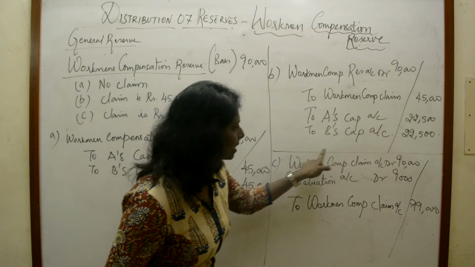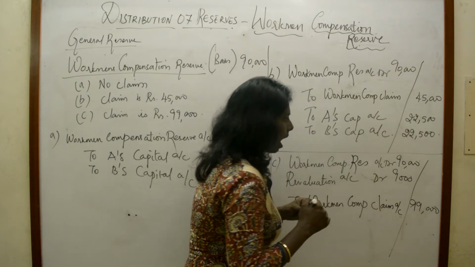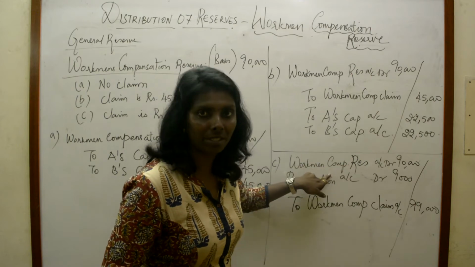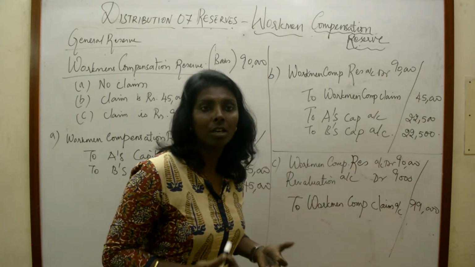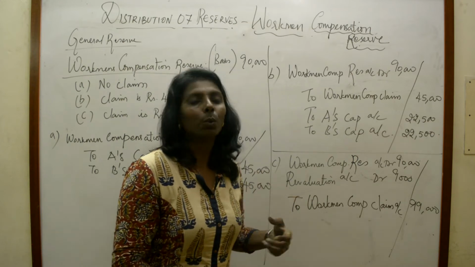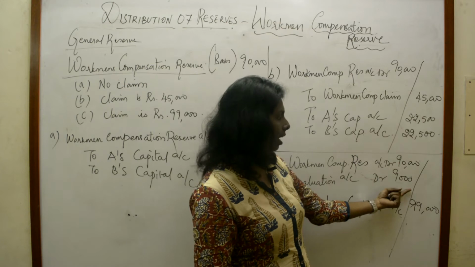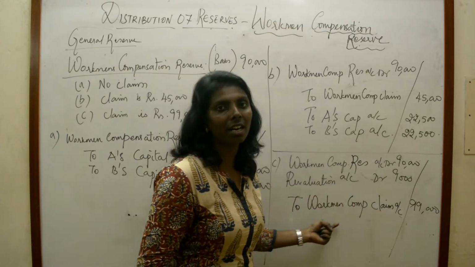Whenever there is a shortage, we use the revaluation account. So I'm using the revaluation account for the 9,000 difference. So a total of 99,000 is utilized for the claim.